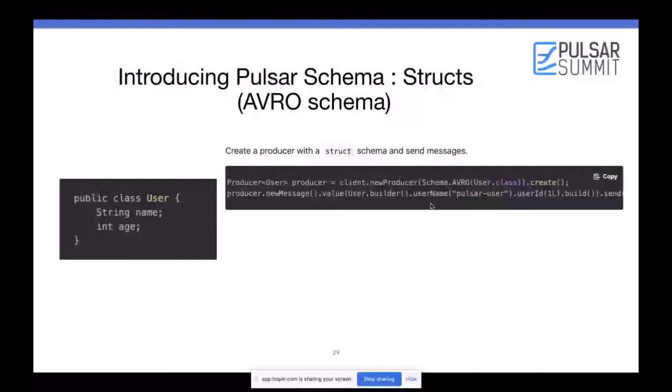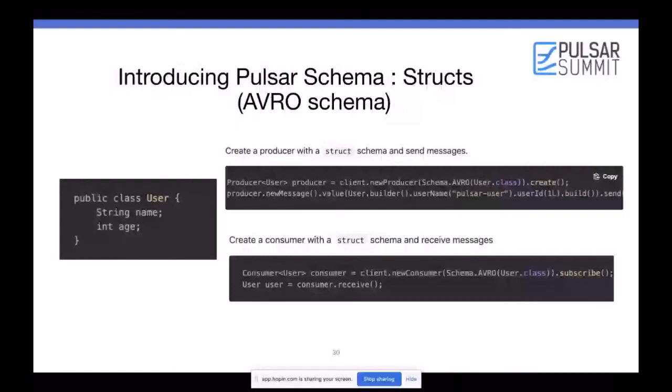So again, like we talked in the previous example, under the hood, what the producer of Pulsar will do is it will take this object, it will serialize it using the Avro schema that was constructed here, and then send those Avro encoded bytes over to the Pulsar application.